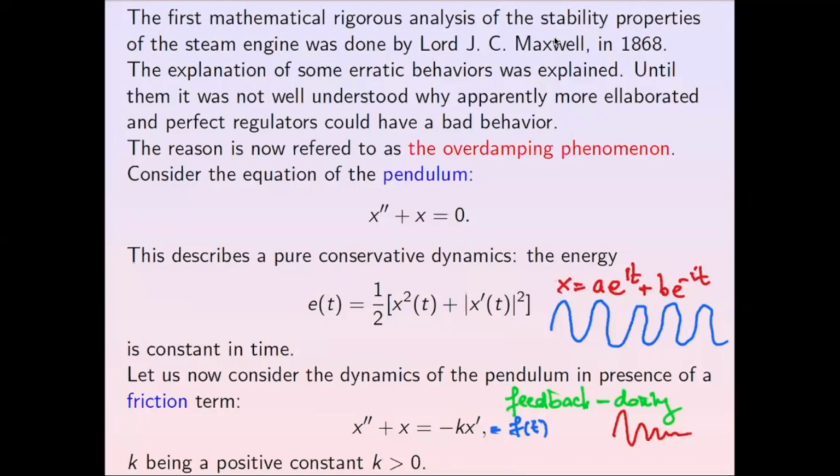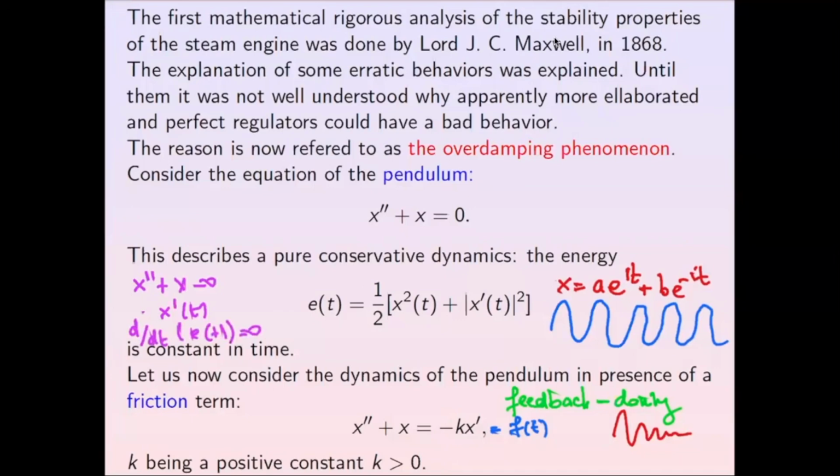In fact, I think I didn't say yesterday, the fact that this term here is a damping term, you can see it very nicely by doing the same thing, right? So if here, in order to get the energy conservation, we simply multiplied the equation by x prime of t, and observed that this equation leads to the conservation of energy, dE/dt equals 0.